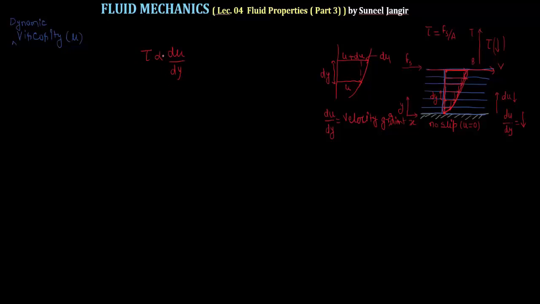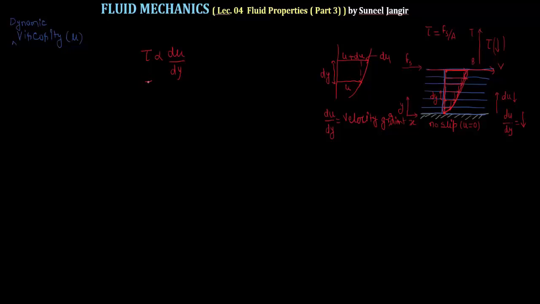So as the velocity gradient is maximum at the bottom, the shear stress is also maximum at the bottom. As the velocity gradient is approximately 0 at the topmost layer, the shear stress is also approximately negligible between the topmost layers. So this is the case here. Now, in this case, we are providing this definition. I am introducing a proportionality constant here.